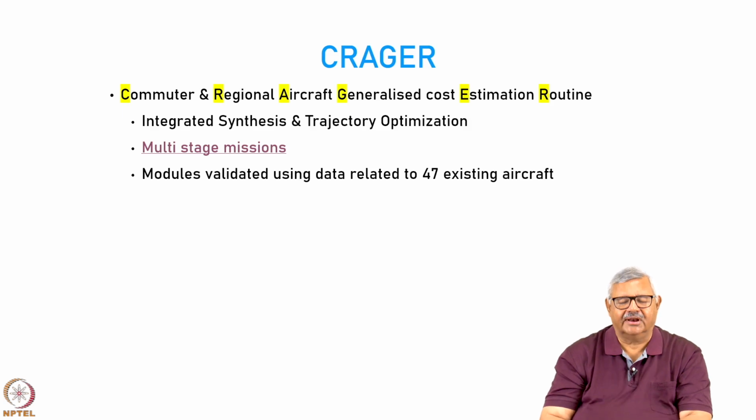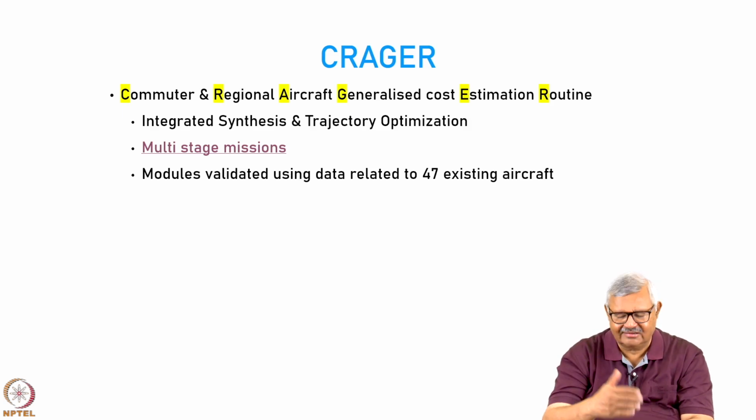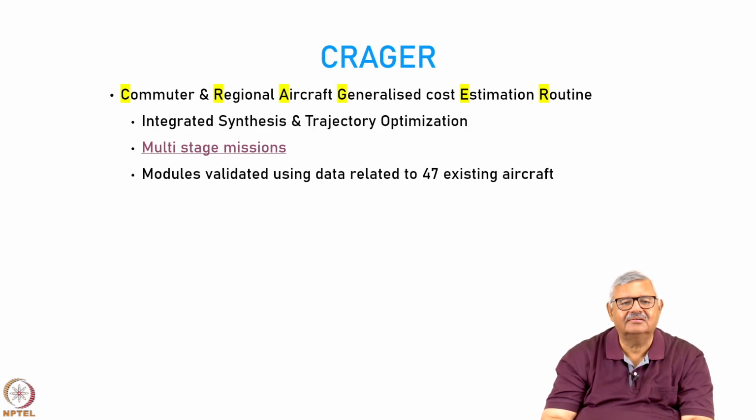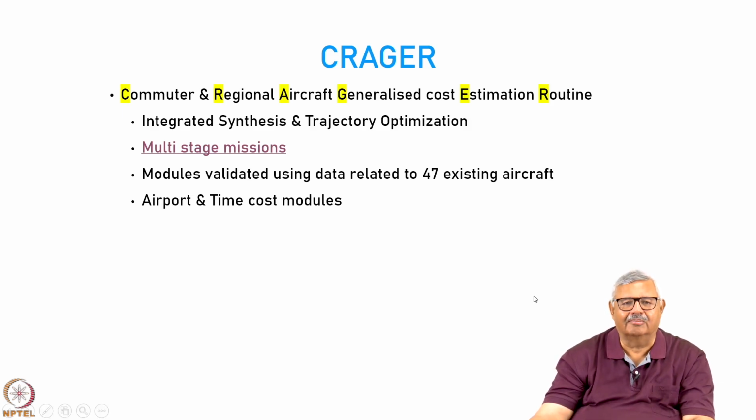Now, the CRAGER code has several modules, as I will explain to you in the next few slides. The beauty is that this is not just a theoretical calculation. The data that is used in these modules has been validated based on the data of 47 existing aircraft at that time, which were available for commuter and regional operations.